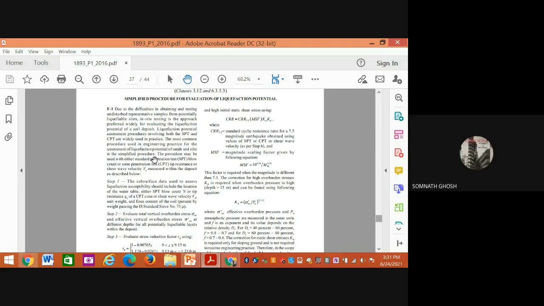That is the method which I was telling you, Seed and Idris. The procedure may be used with either standard penetration test blow count, or cone penetration tip resistance, or shear velocity. Got me? This is shear velocity. That is also another test.